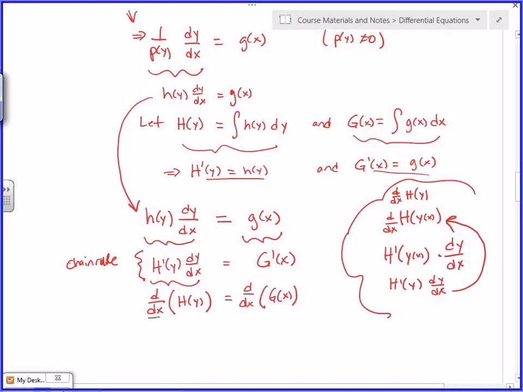This is d dx, this is d dx. So I claim that the integral of d dx of h of y dx equals the integral of d dx g of x dx. The integral of the derivative is the function itself, plus an arbitrary constant.